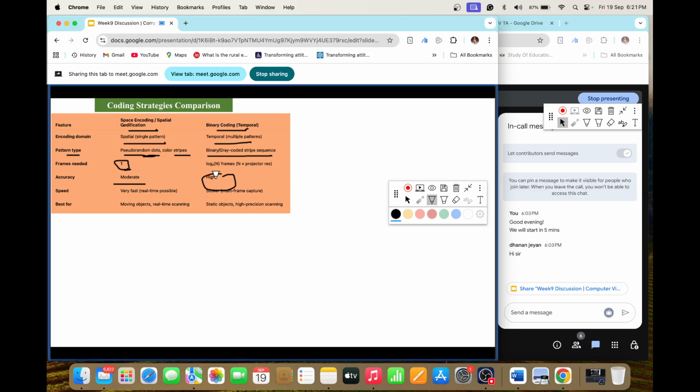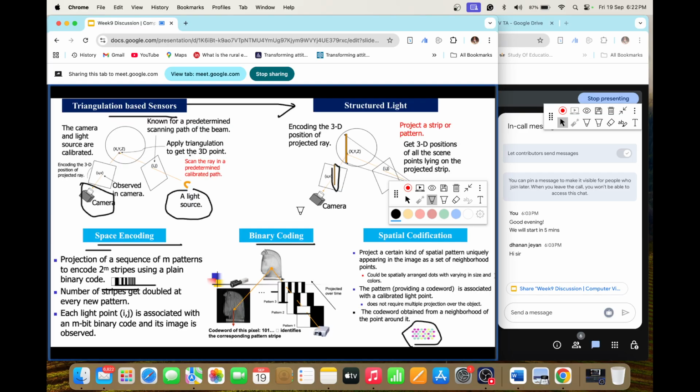As the accuracy is high, it is slower because it has to capture multiple frames. But here, as the accuracy is moderate, it is very fast. So it is best for moving objects, because there we require much faster processing speed. But here it is better for static objects and high precision scanning. So these are the types of encoding that we do for structured light.